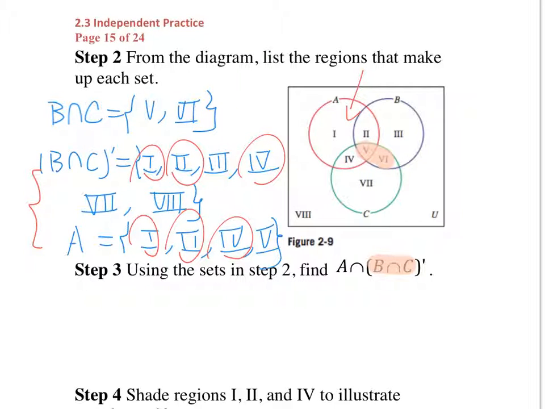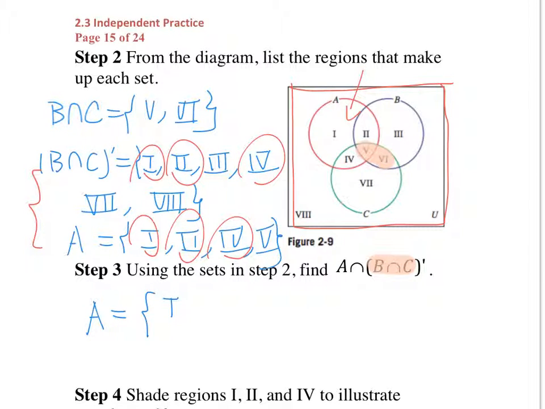Notice that the complement of B intersect C is everywhere that's white in this diagram, including everything in here that's white. And where A overlaps with the white part is area 1, 2, and 4. Therefore, I can easily verify my final answer.